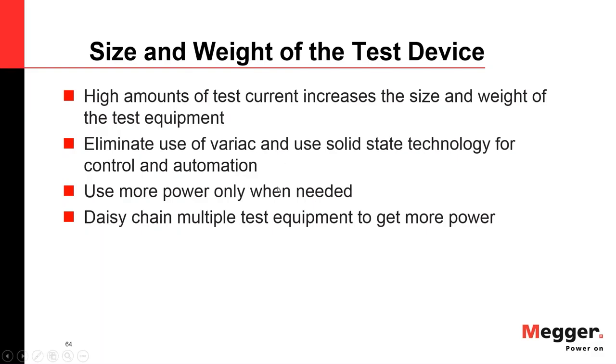And then it's not a question of portability anymore. Those testers are typically just transportable, but you cannot pick them up anymore. They weigh a few hundred pounds and are pretty big. But they can test circuit breakers that smaller units cannot. But it is possible that even those large testers can be shrunk by using a more modern approach.